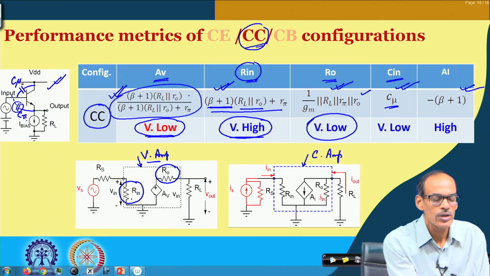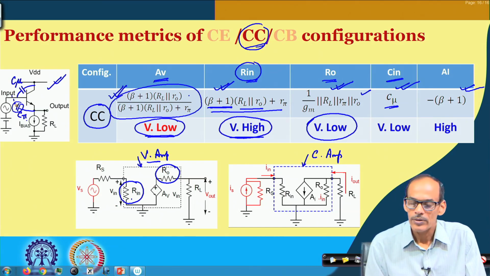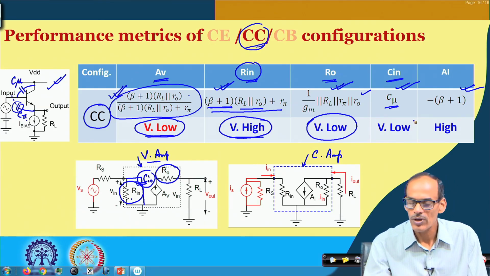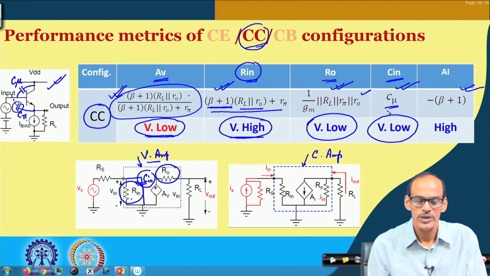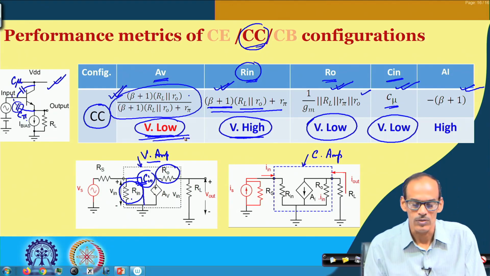So, we have only C mu loading the input node, that is, the input capacitance from the input port to ground. So, this C in is also in favor of using this configuration for voltage mode application, but the question mark is that its gain is very low.